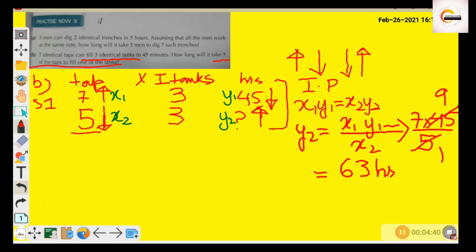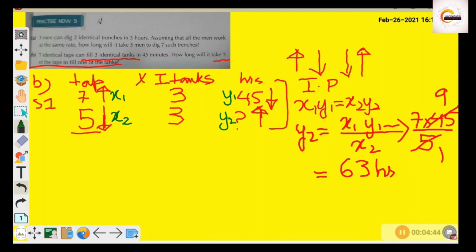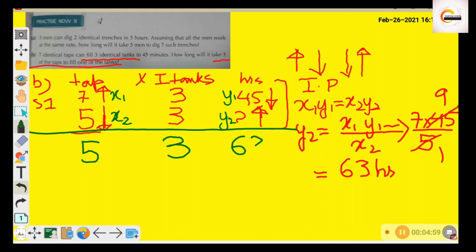So we can write it down over here very neatly, 5 taps will fill 3 identical tanks in 63 hours.